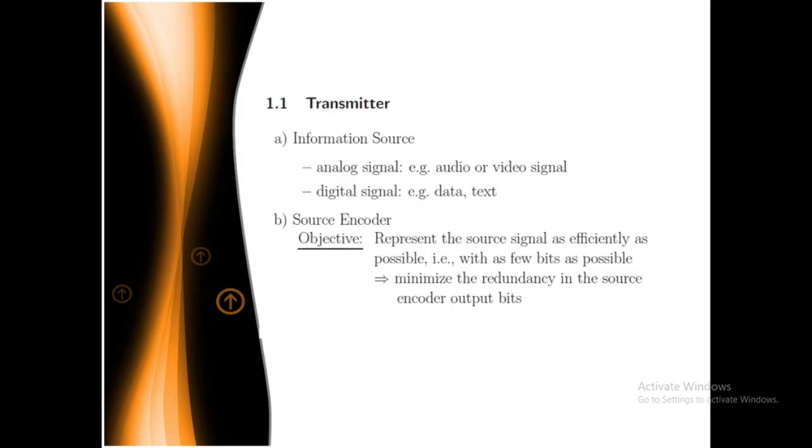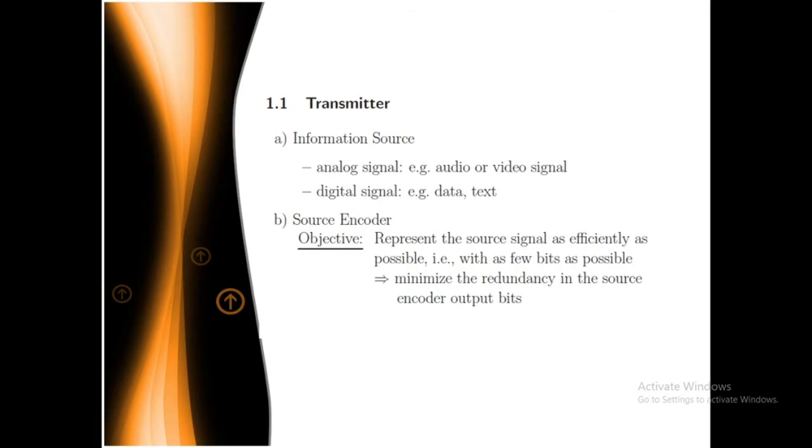First of all, we have the transmitter. Here in the transmitter, first of all, we have the information source. The information source may be analog or digital. Next, this analog or digital information is passed to the next block, which is the source encoder.